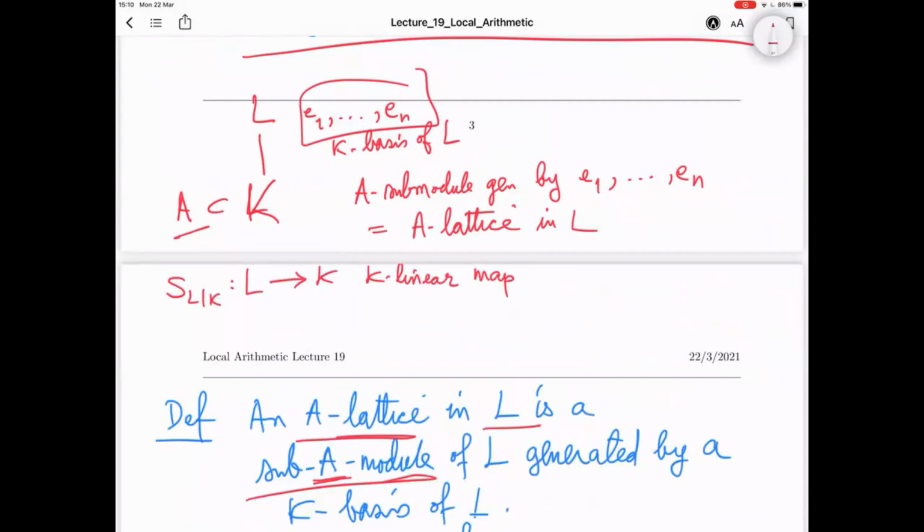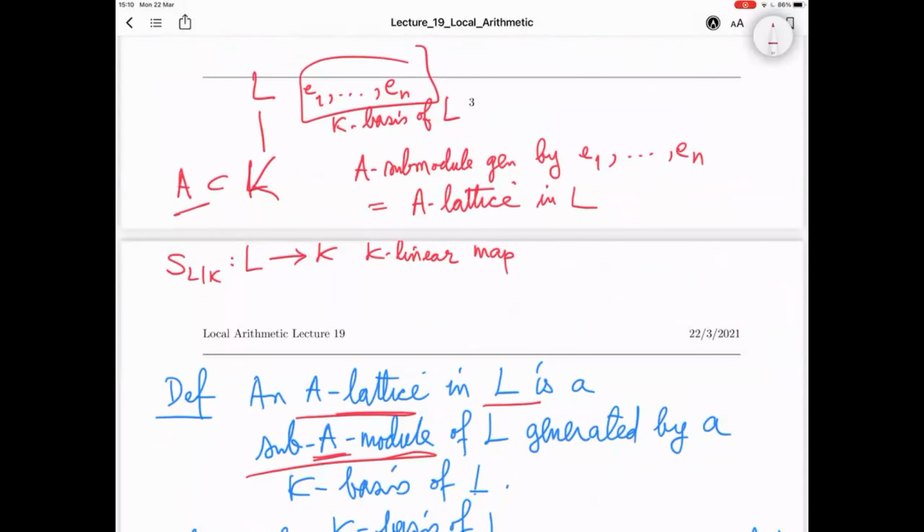But L is after all a field, so I have this map from L cross L to L, which takes x comma y to the product xy.